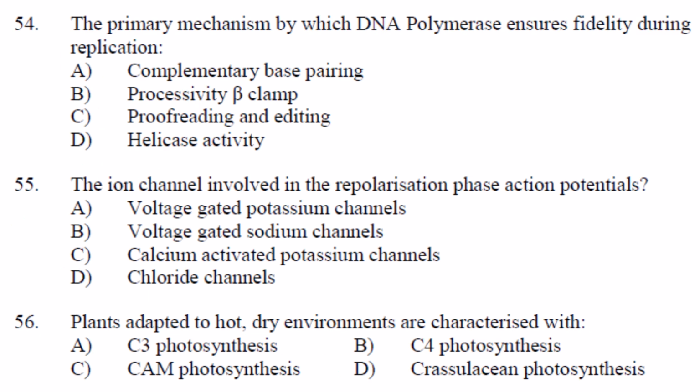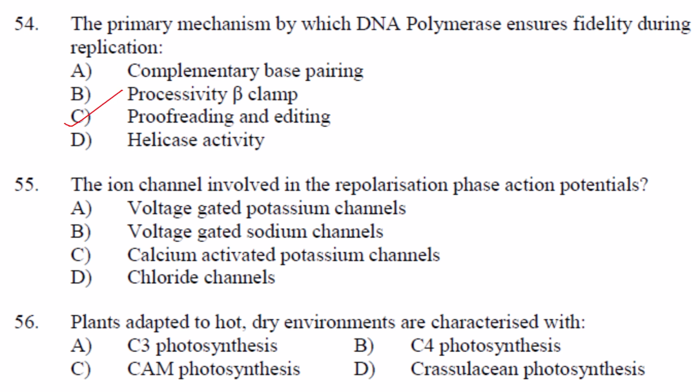Then next one, the primary mechanism by which DNA polymerase ensures fidelity during replication. Fidelity is the accuracy with which the DNA is copied, that is by minimizing errors. So how does DNA polymerase do this? It is through proofreading and editing activity of the DNA polymerase.